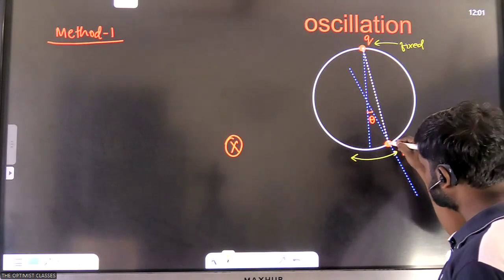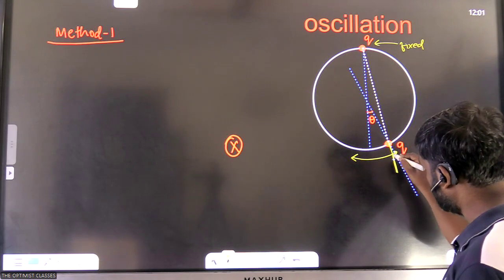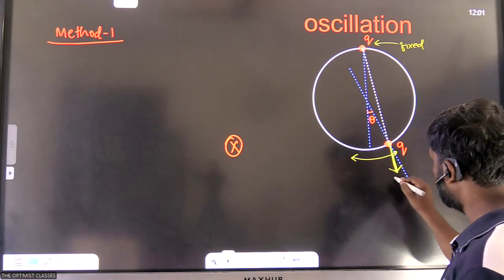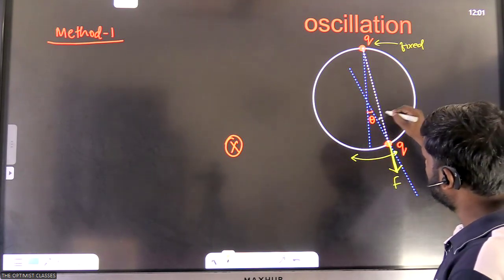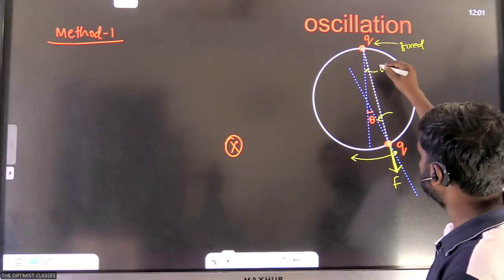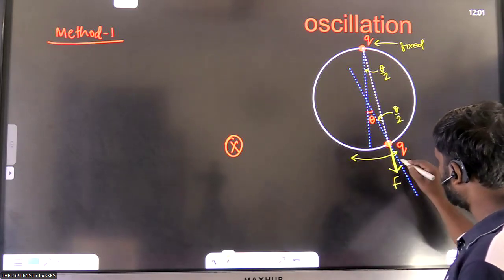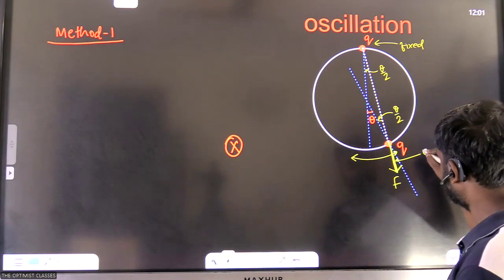Let us say the force is acting on this one like this, in this direction, and let us call it F. This angle is theta. If you calculate this angle and this angle, these two angles will come out to be theta by 2 and theta by 2. So the opposite angle will also be theta by 2.